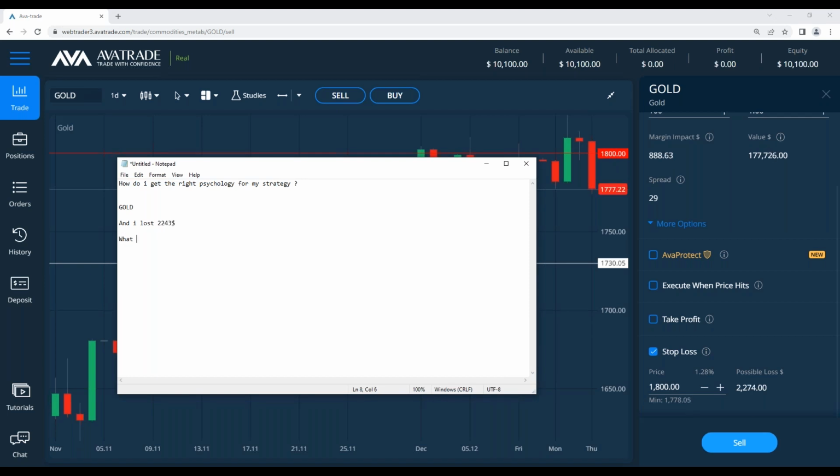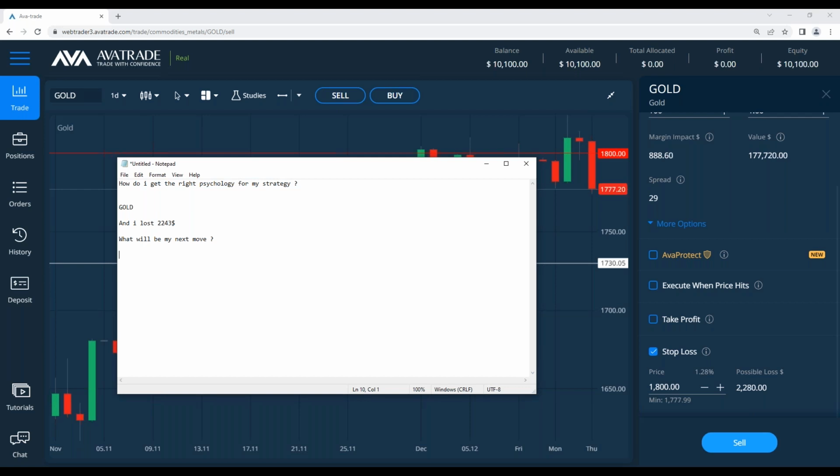Okay, what will be my next move? Psychology-wise, what happens when I lose? I want to win. So what can I do? I'm just going to take another trade without analyzing anything. The result for that could be quite draconian, right?